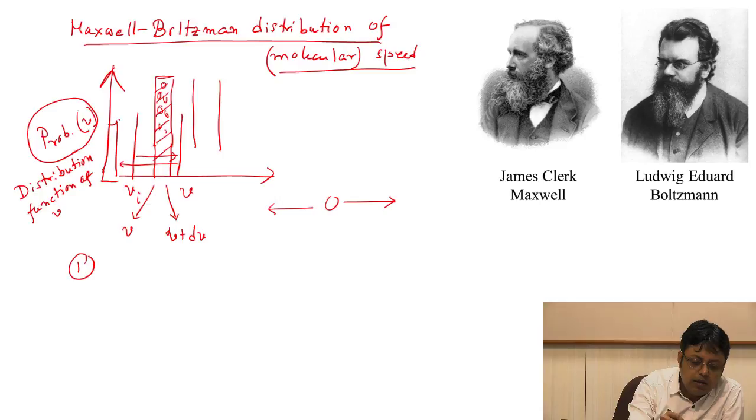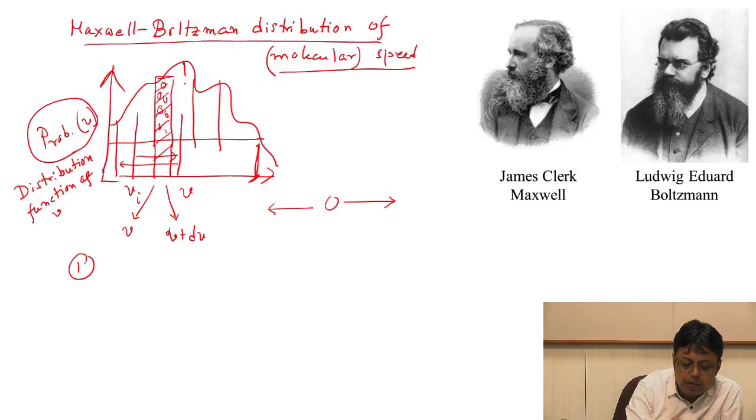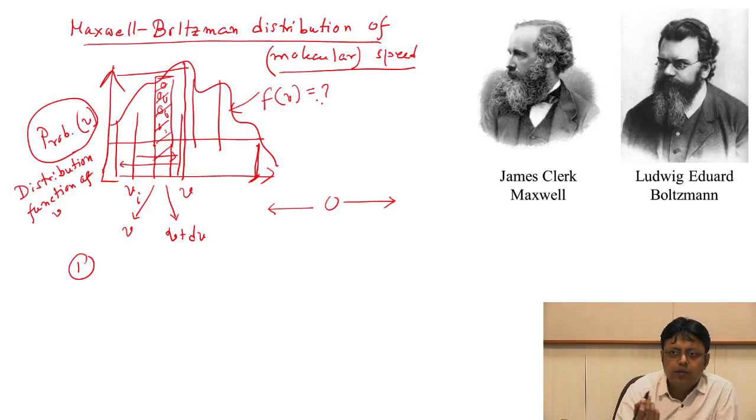Suppose I'm drawing this arbitrarily, so this particular velocity is very less probable. However, this particular velocity is very highly probable, something like that. What is the nature of this function? That is what we want to calculate. I'm just writing that function as f.